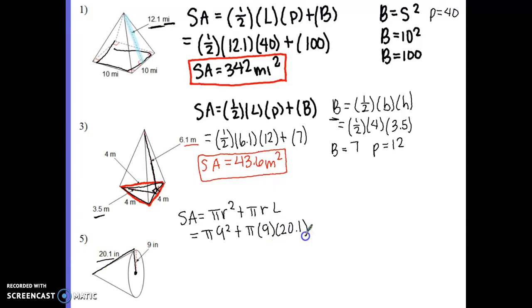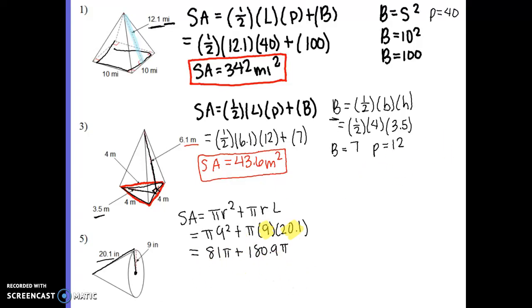So this is the one where we can have two answers. One of those answers is with pi left in it. So 9 squared, that is 81. We leave the pi. Plus, we multiply the other two numbers, 9 and 20.1. And when we do that, we end up getting 180.9 pi. So up to this point, it can go either way.